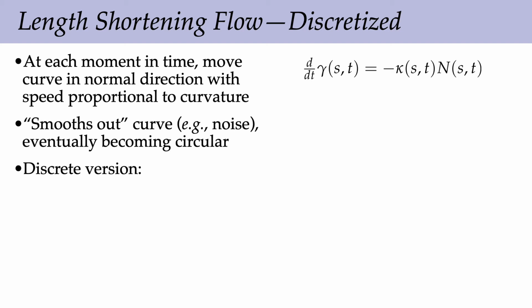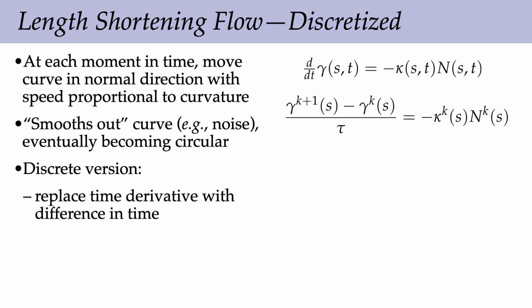A discrete version would say, okay, however you do it, you're going to eventually have to replace the time derivative with a difference in time. So instead of d/dt of gamma, I have gamma at time step k plus 1 minus gamma at time step k, divided by tau. Right? So this is like a finite difference approximation of the derivative.